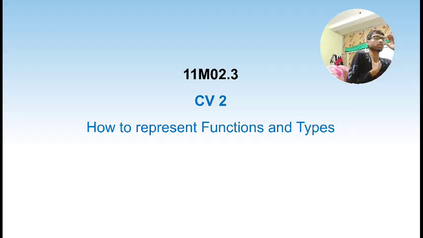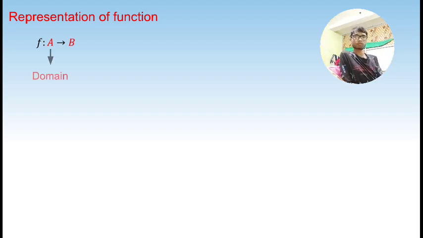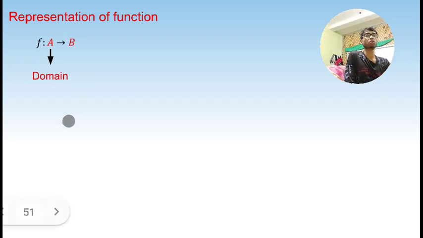How to represent functions and types of a function. Representation of a function: f such that set A is mapped to set B. In this case, the whole set A would be the domain and the whole set B would be the codomain, but the output would be the range.